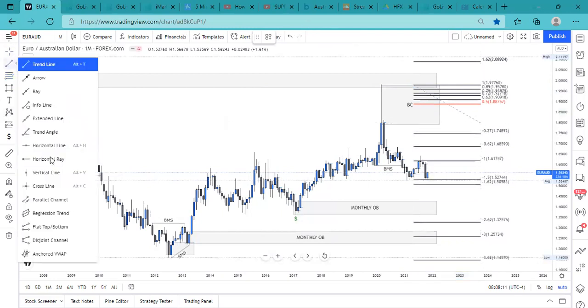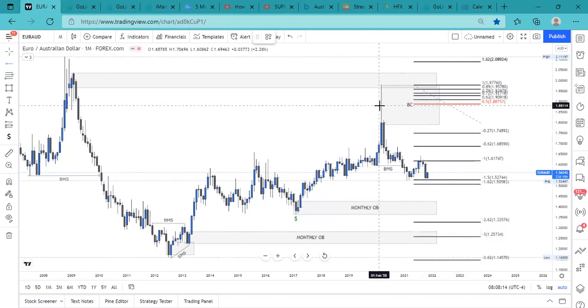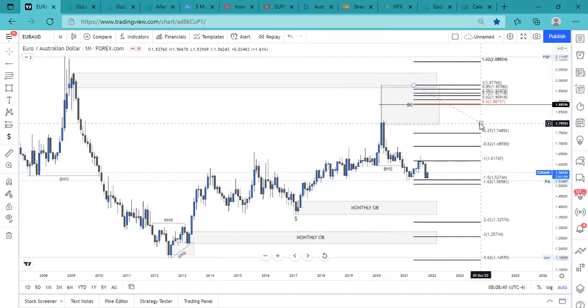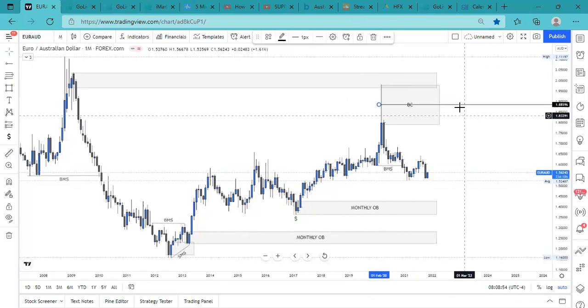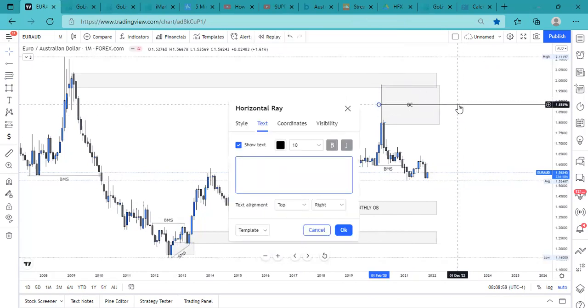I just want to take out the 50% of that rejection block. So we have our 50% blind candle on that spot.